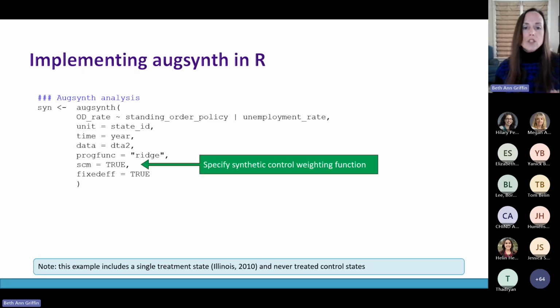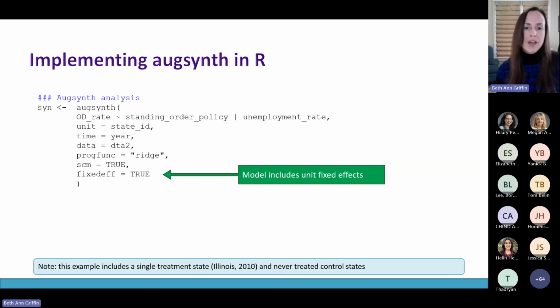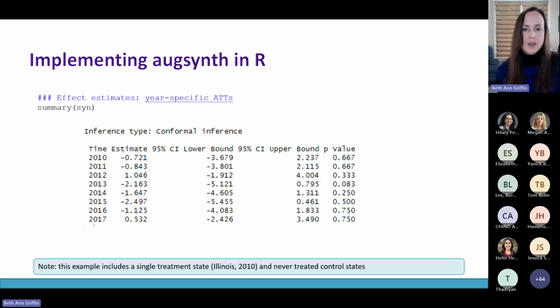We also want to make sure when we set this going that we turn progfunc and scm to true, because that says please use the synthetic control weighting so that you end up with a doubly robust model. And you have the option to use unit fixed effects, which are definitely recommended in this model. So we're going to include those so that we have state fixed effects in our models.